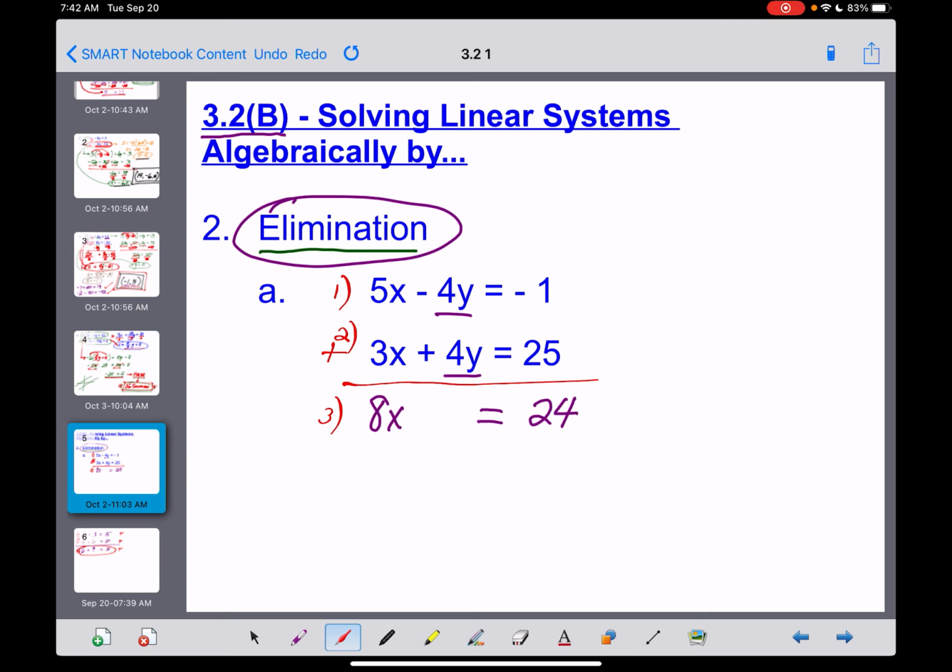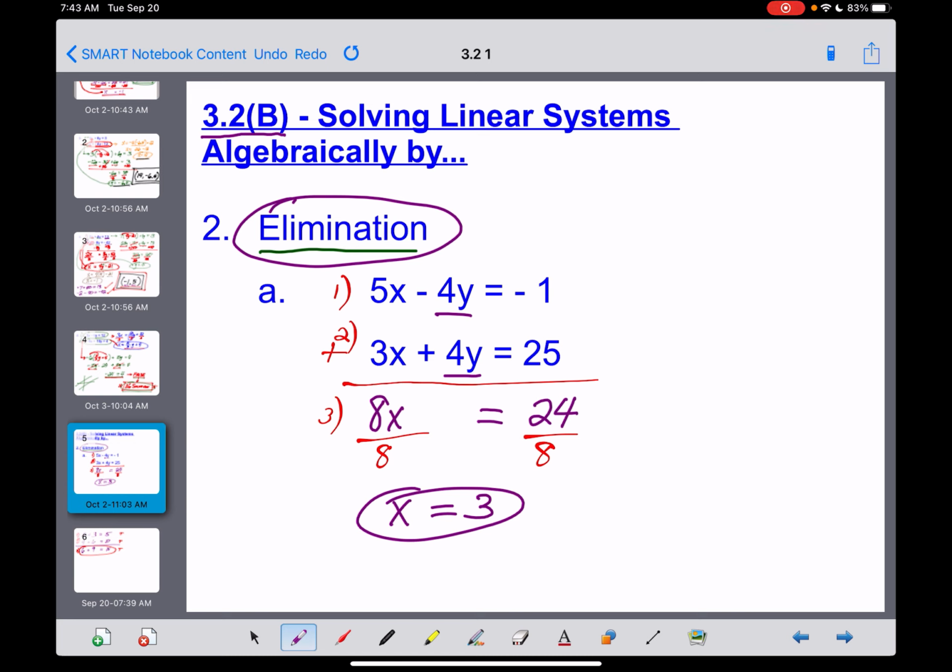So unlike equation 1 and equation 2, which were both two variable equations with an infinite number of solutions, we've added them together and eliminated the y's, and so equation 3 is just a one variable equation, which has only one solution. And we'll solve that by dividing both sides by 8, and lickety-split here, guys, we get x equals 3, and that is the first half of our solution to this system of equations.